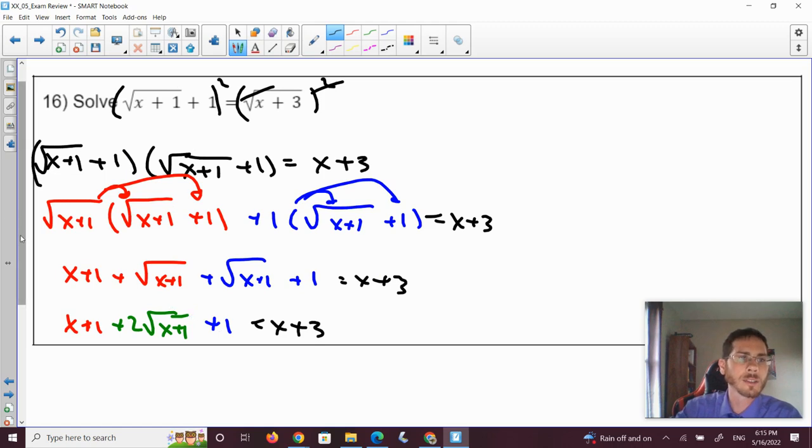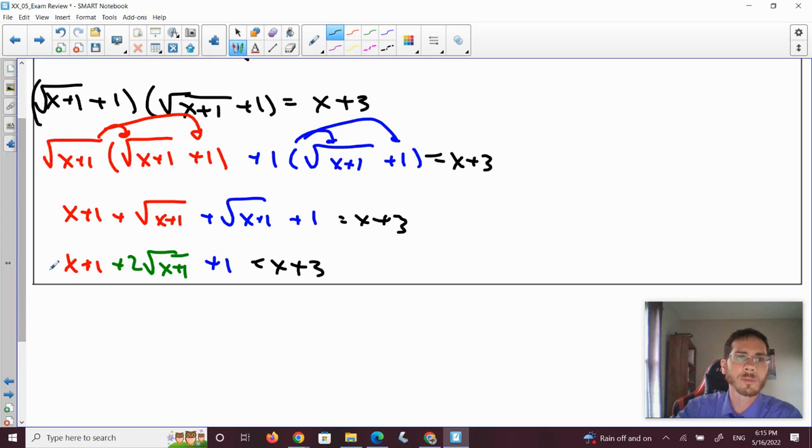All right, so now let's combine some like terms. I'm thinking minus x both sides might actually be a good idea. It's not a minus x at all, because that's making things look a little suspicious. So we still have our 2 radical x plus 1. 1 plus 1 would be 2.